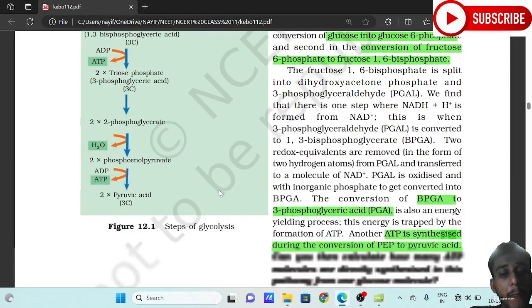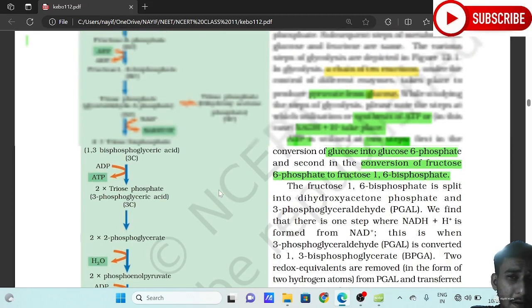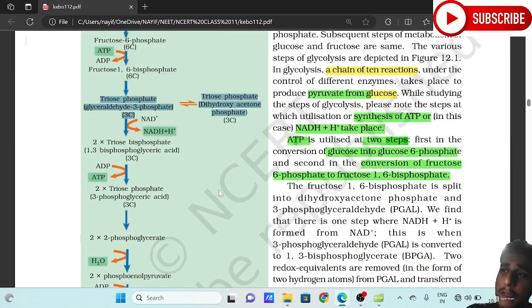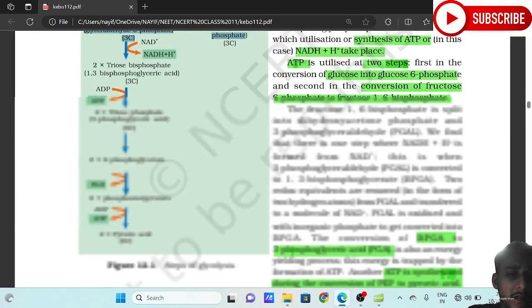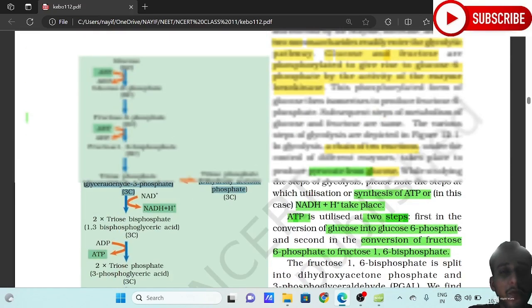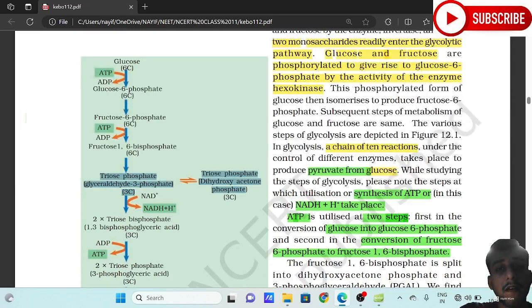Glycolysis is an anaerobic process. Even in the presence or absence of oxygen, glycolysis will not change, because in this reaction you can't see any oxygen coming into the scene. So it is an anaerobic process.